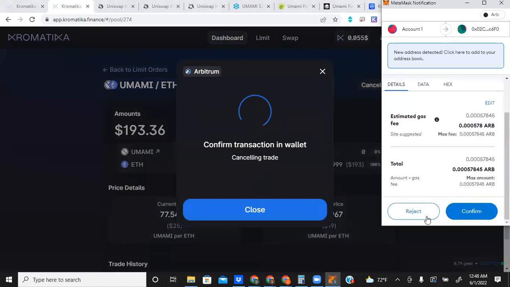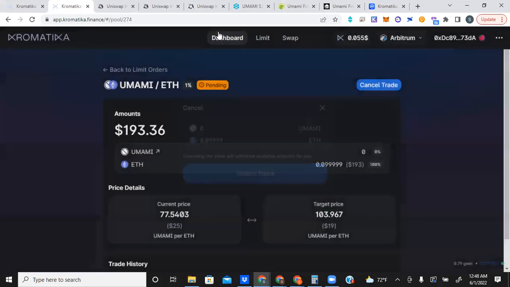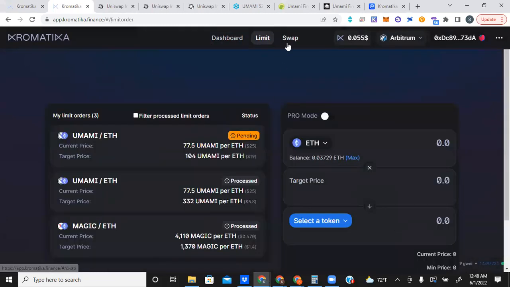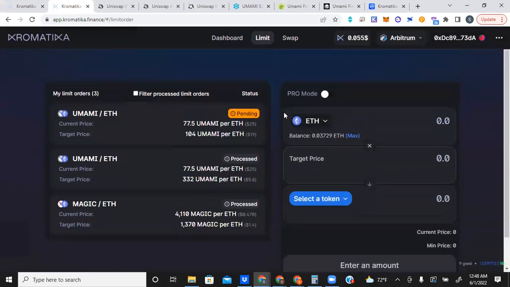Yeah, it's basically nothing. So it's just nice. You can just do these limit orders, it's definitely a cool tool to use. And just make sure that if you are looking to trade something, it's got to be a Uniswap version 3 liquidity pool.